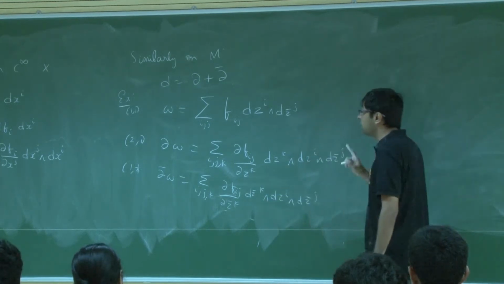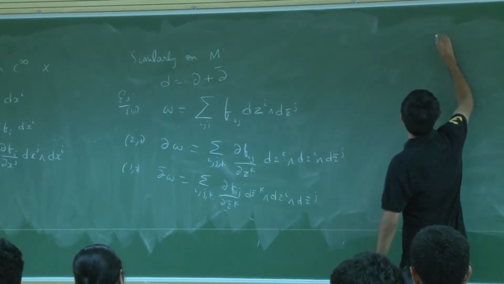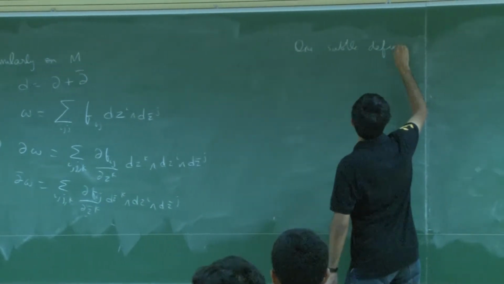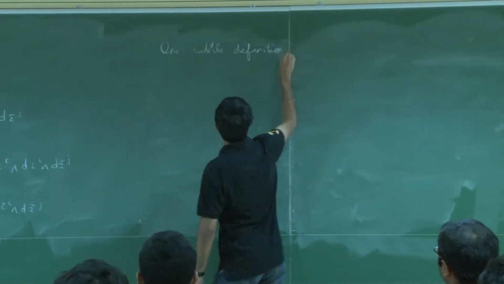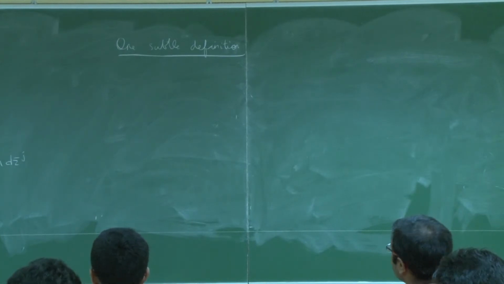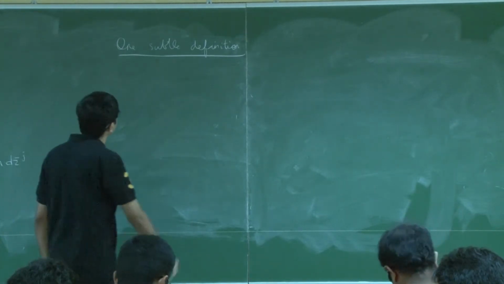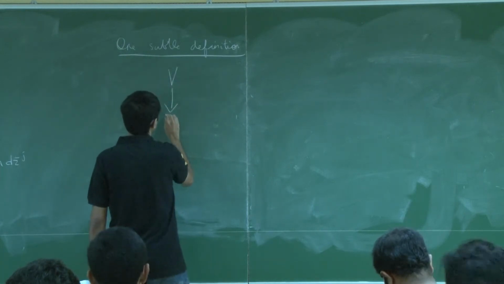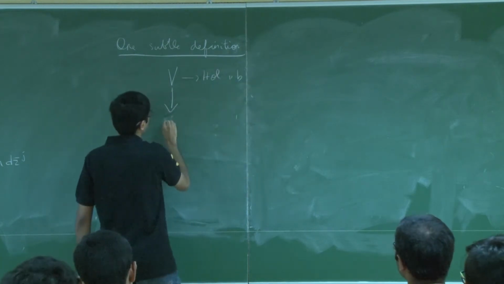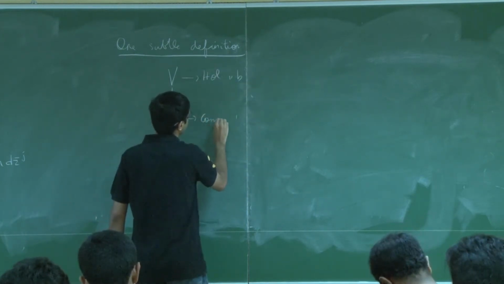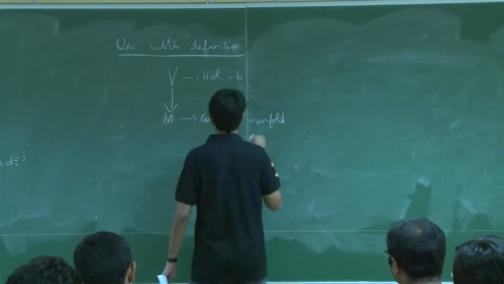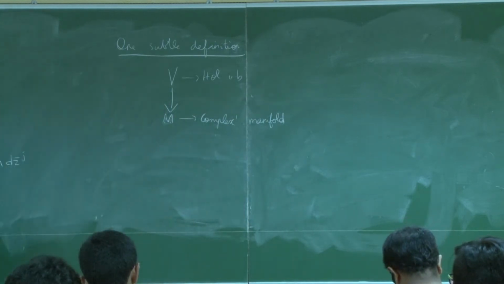Right. There is, however, one subtle definition. Usually definitions are not subtle, but I want to call this a subtle definition. And this is absent in the case of smooth manifolds, and that is as follows. Suppose V is a holomorphic vector bundle over, oh sorry, this is N. We are calling complex manifolds N, right? The definition is as follows.